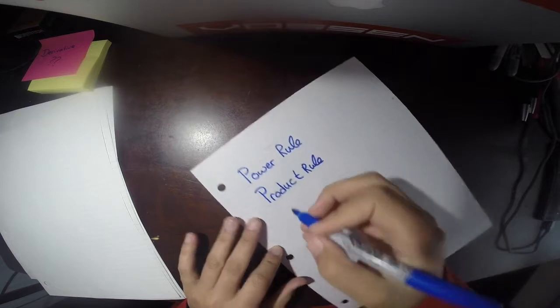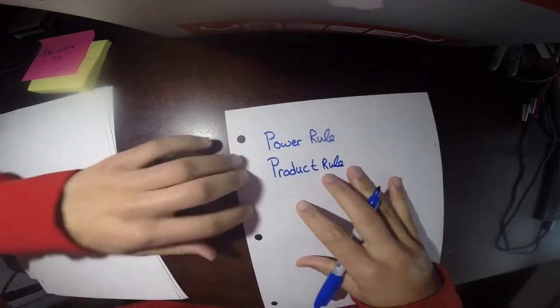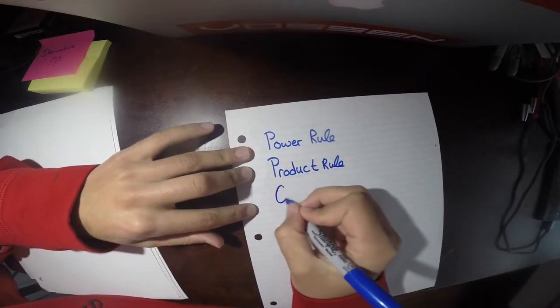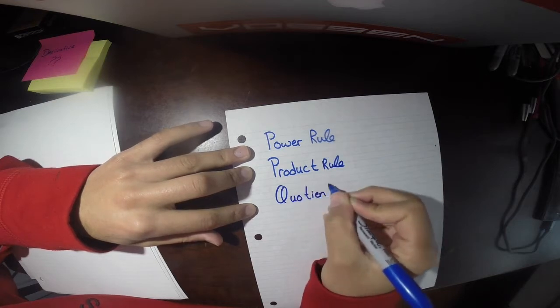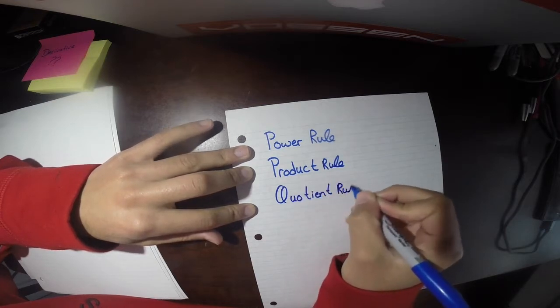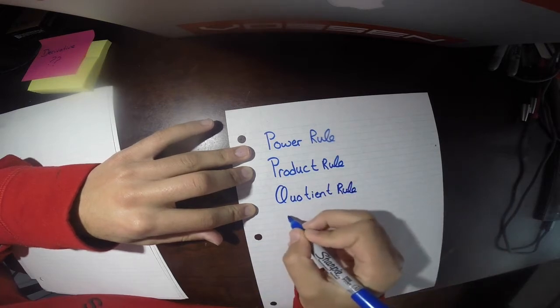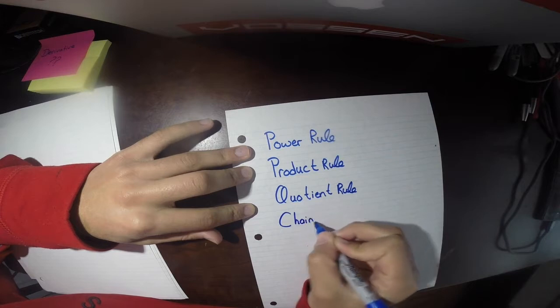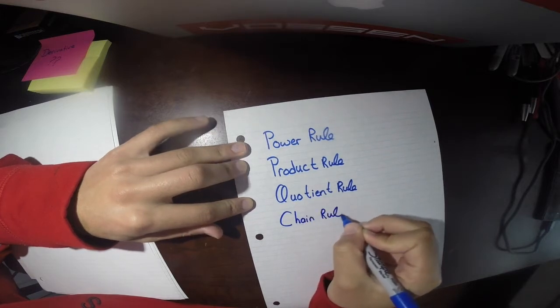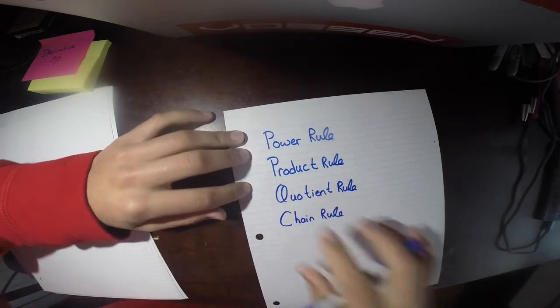And then you've got your quotient rule. And last but not least, your chain rule. These are the 4 rules that we're going to go over today.